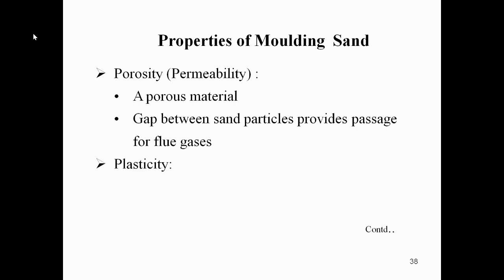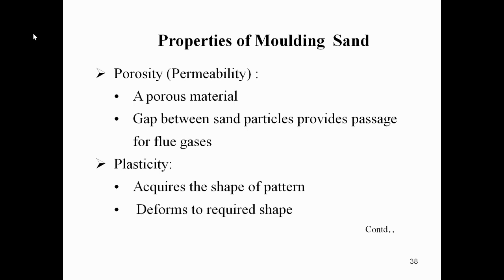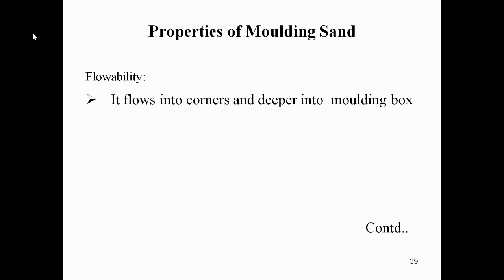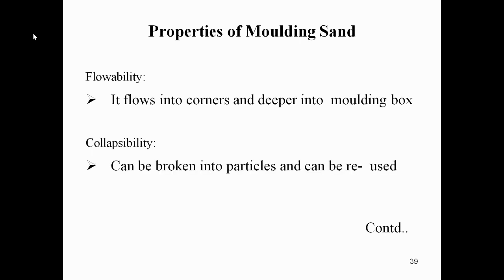Next, plasticity. It acquires the shape of a pattern, so it deforms to the required shape. Next one is flowability. It flows into corners and deeper into the molding box. The next one is collapsibility.